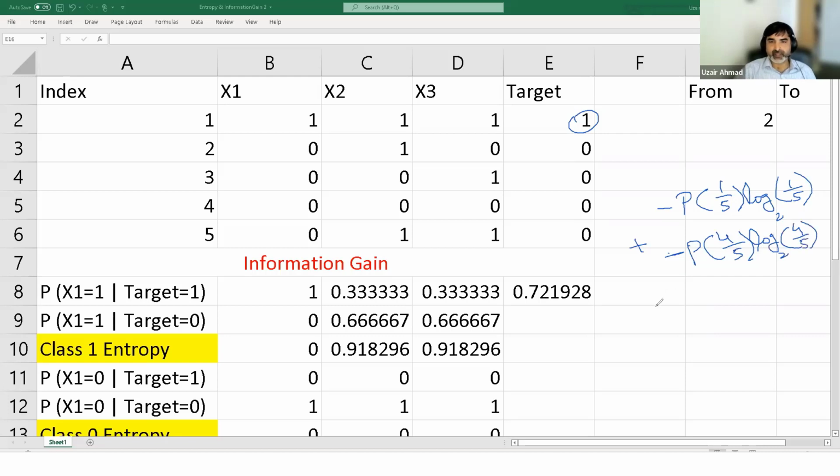If there are other values, we just keep adding the probability of the ith value. If we have 0, 1, and also 2 or 3 or 4, as many as we have, we keep on adding the probability of that particular value in our variable.